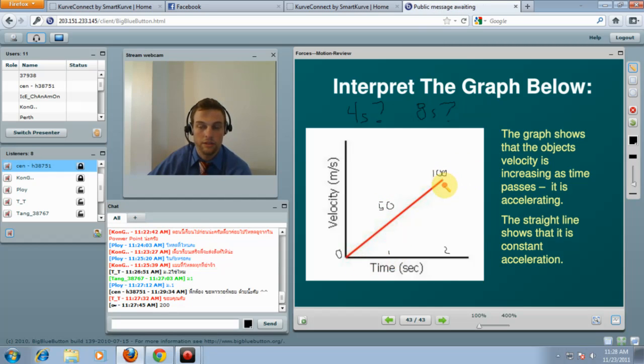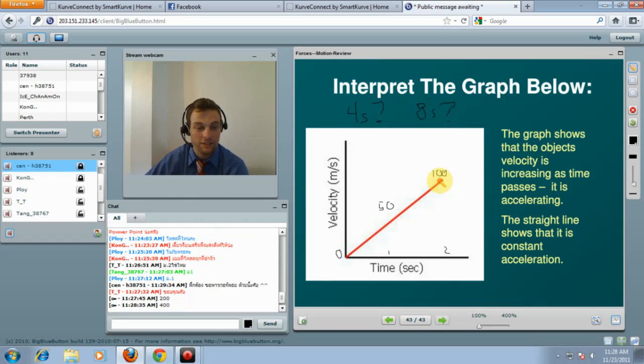After 8 seconds, it'd just be 400 meters per second. It'd be double, because this is constant. 400 meters per second is really, really fast. This would be a very, very expensive car. Hopefully one day I'll be able to afford one, but not today.